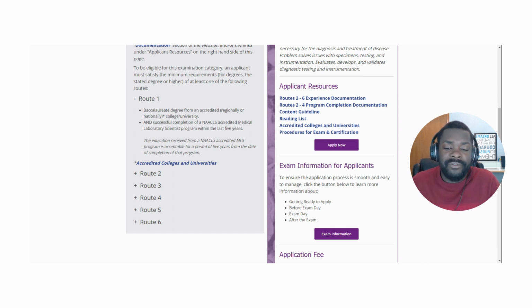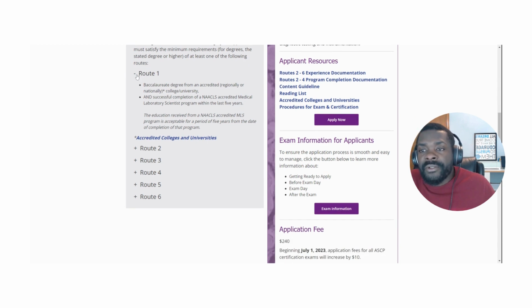You're gonna have to finish your bachelor's degree and you're gonna have to go to a nationally accredited clinical laboratory science program and do your medical lab science degree or program, whatever they call it. And then if you have those two, then you're good. You qualify for route 1 to go on and apply for the exam.